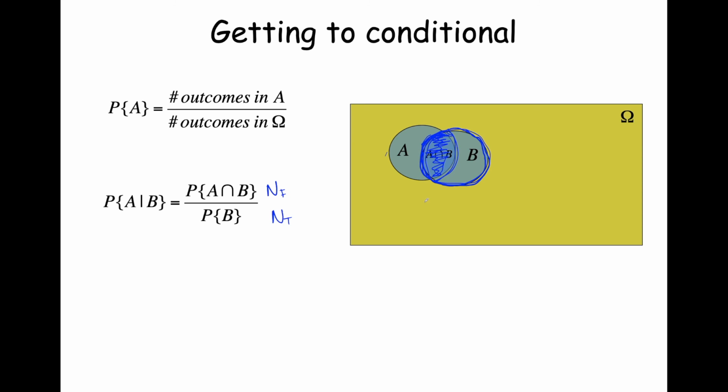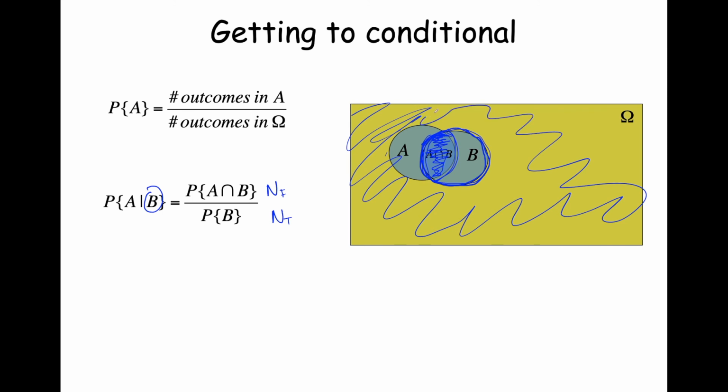It is a changing of the universe of consideration to what is given, that condition, on the right-hand side of the condition bar, event B. And when I say given B, I'm eliminating from consideration everything that was outside of that B within our universe of consideration. And so now the probability of the A part is just this overlap region. That's our favorable. And our total is now B instead of cardinality of our sample space.